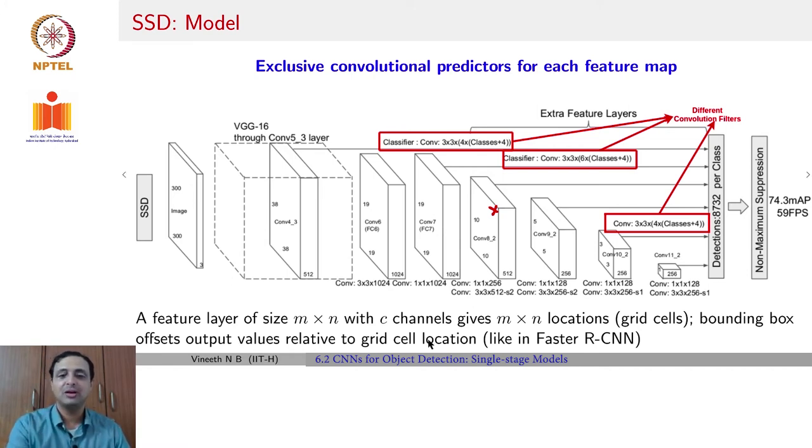You see here that each of these convolutional maps predict classes plus 4. That's the number of values that they would predict: a class probability for each class plus 4 values for the bounding box offset corresponding to each pixel location in these convolutional feature maps.